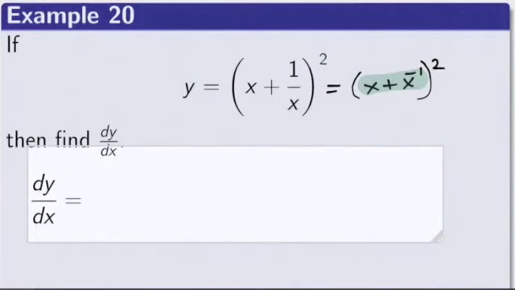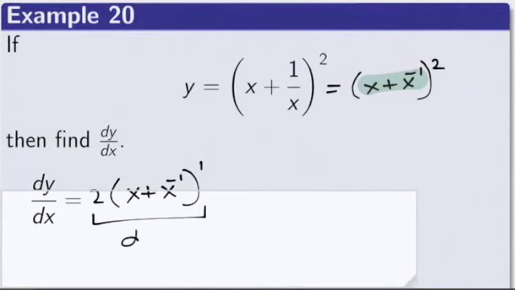The term that is marked green is u, so we could write dy du as 2u, where u is the term marked in green, raised to the power 1, because we drop the 2 to the front and subtract 1 from the index.